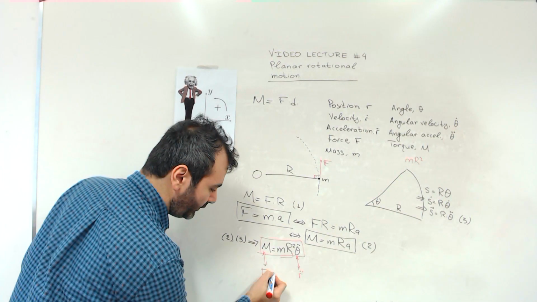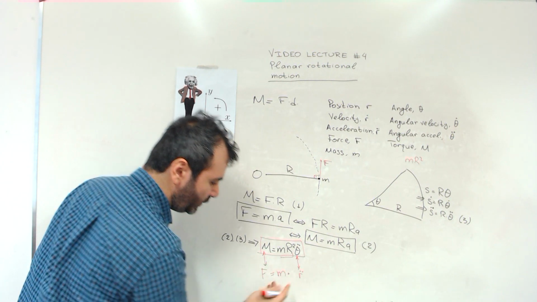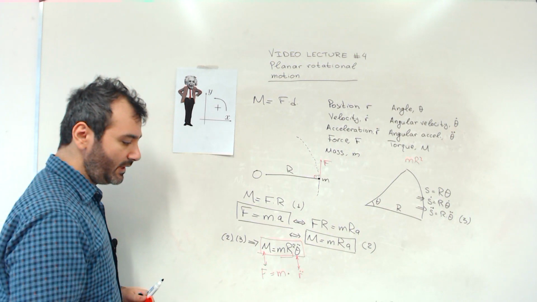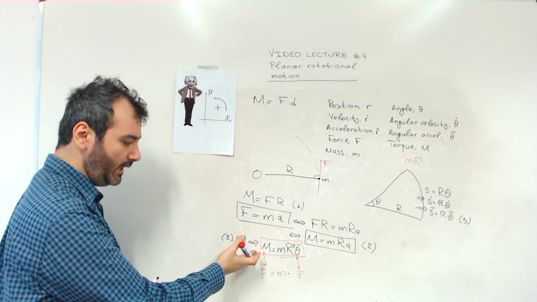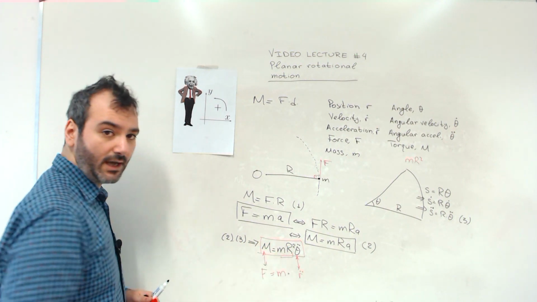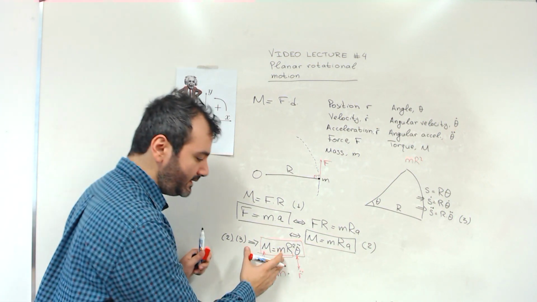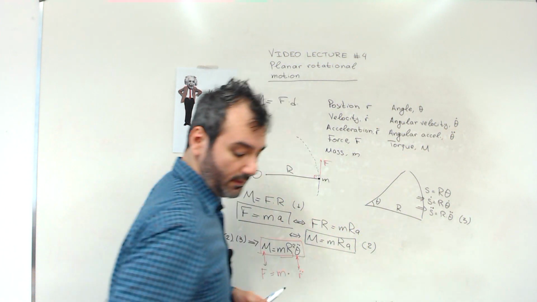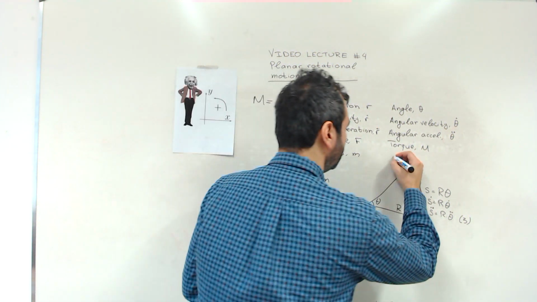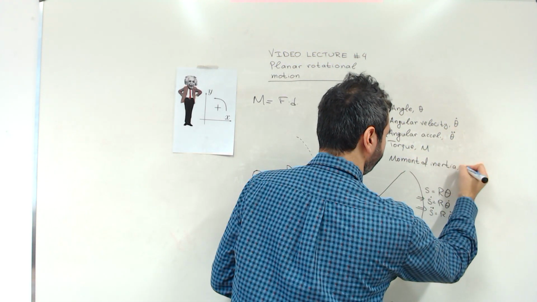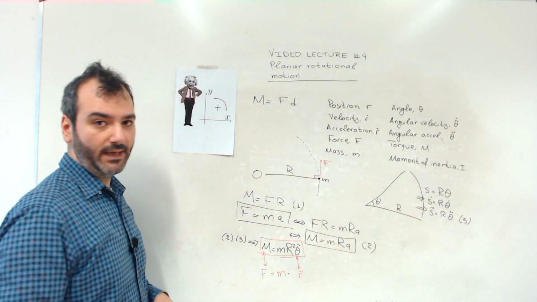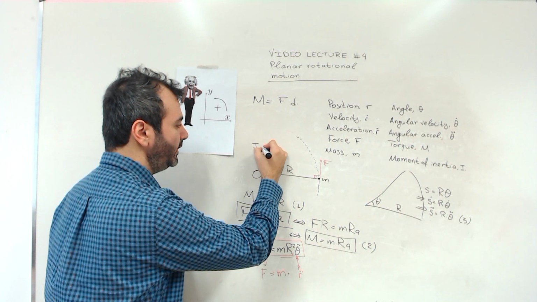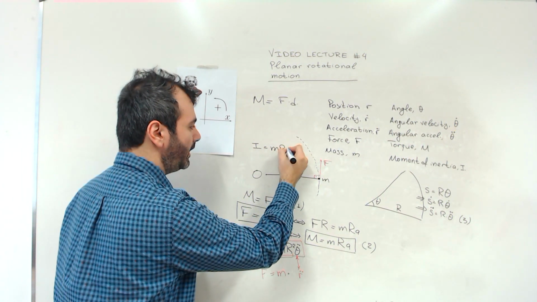Because we have Newton's second law of motion: force is equal to mass times acceleration. It must be, therefore, torque equals something times angular acceleration. Well, this something has a name. It is called the moment of inertia, and it is denoted by an uppercase I. In this example, the moment of inertia is m r squared.